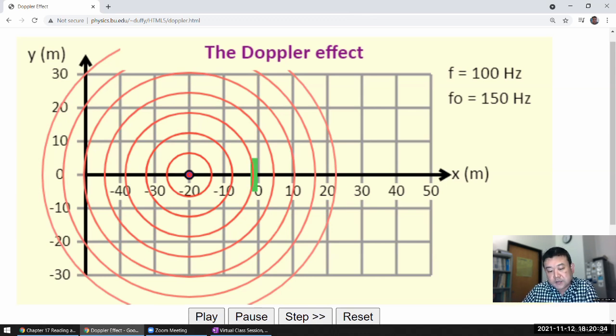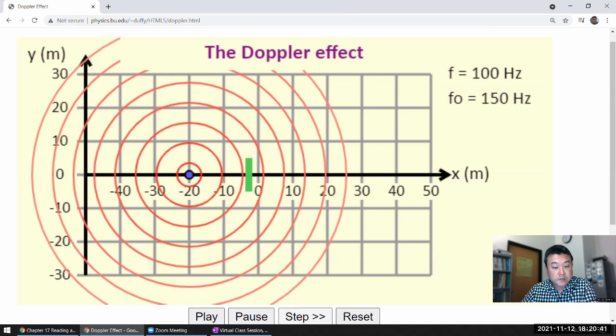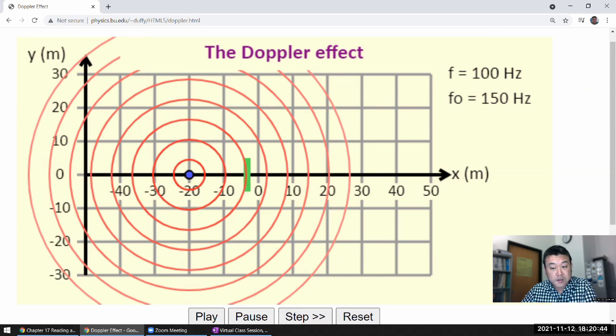But the observer doesn't stay stationary. As the next wavefront is coming towards the observer, the observer is moving towards that wavefront. So they meet somewhere here, at an earlier time than when this wavefront would have met the observer if the observer remained stationary. A shorter time between the wavefronts means higher frequency, and that's what you see here. Emitted frequency is 100 hertz, observed frequency is 150 hertz.